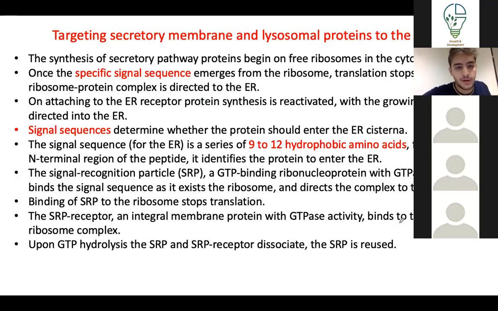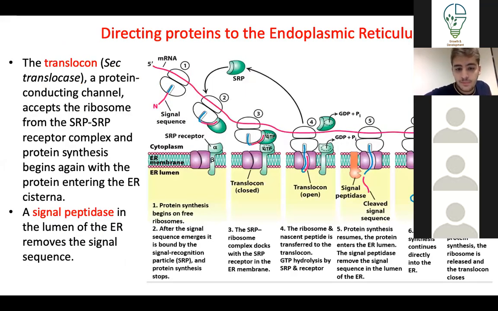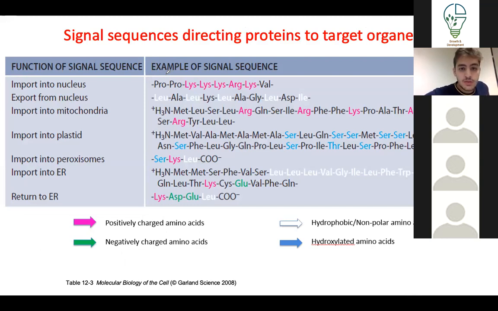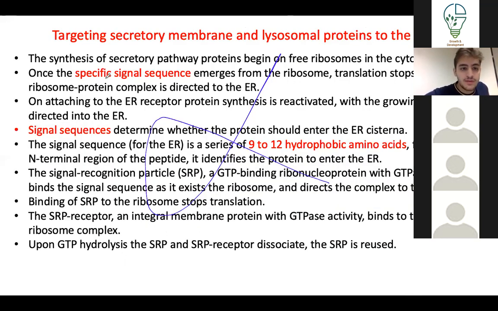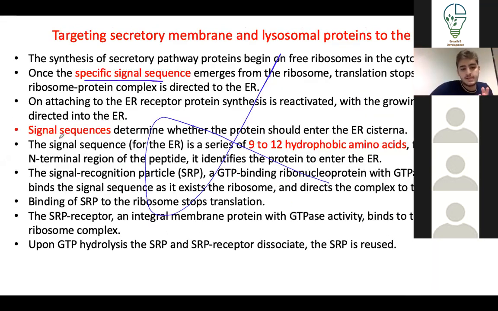I'll talk more about it. Now let's talk about this. Okay, so the specific signal sequence is usually found on the N-terminal. So this is the N-terminal. It has a sequence of amino acids, so it's a certain arrangement of amino acids.